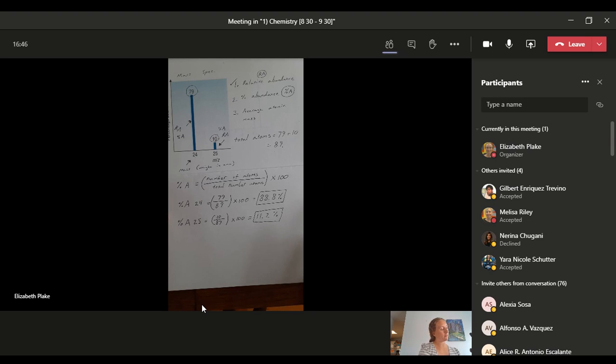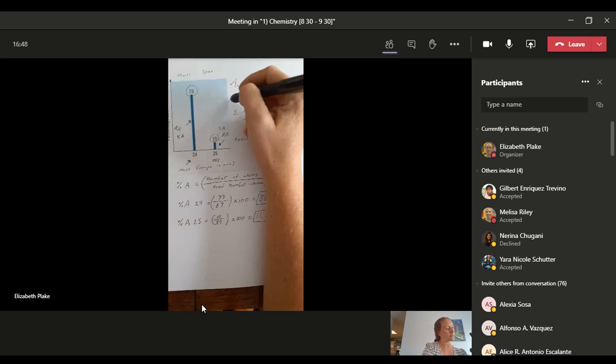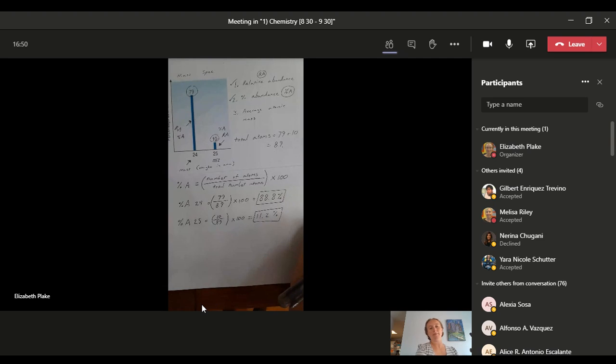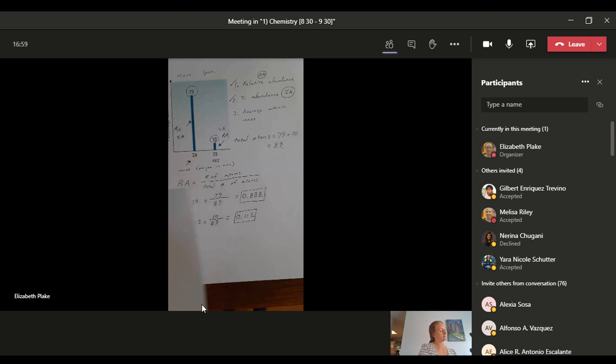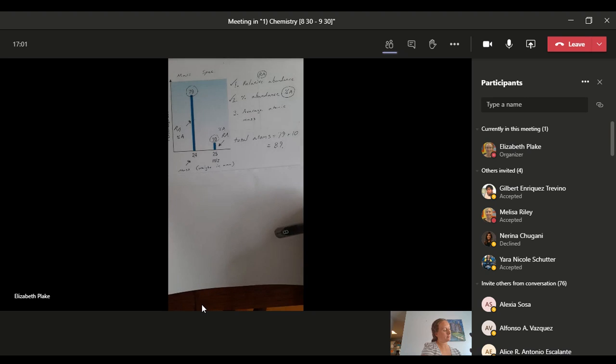So we've calculated relative abundance, we've calculated percent abundance. Now we need to find the average atomic mass. I'm going to get one more piece of paper. All right, so average atomic mass has its own formula as well. And again, you will need to memorize this for the test. I won't be able to provide it to you.